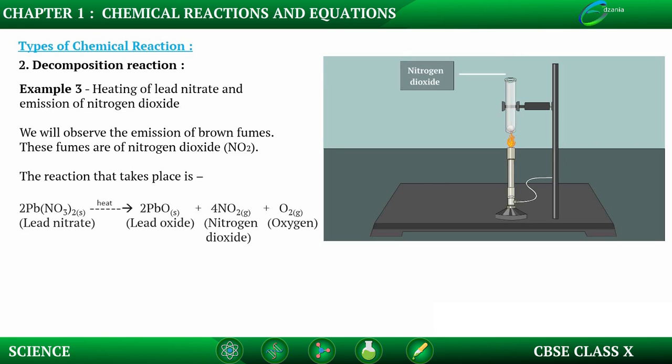Therefore, this can be represented in our chemical equation as lead nitrate. Lead is represented as Pb. Lead nitrate, when heated, gives rise to lead oxide, nitrogen dioxide and oxygen. This is also a very good example of decomposition reaction.